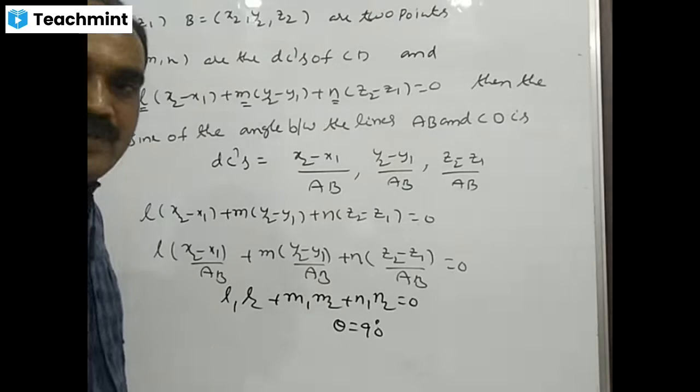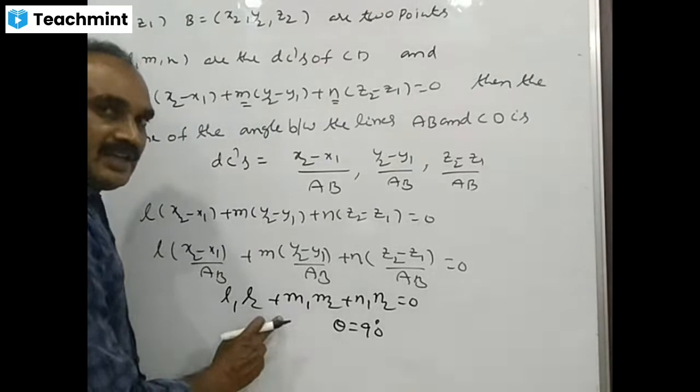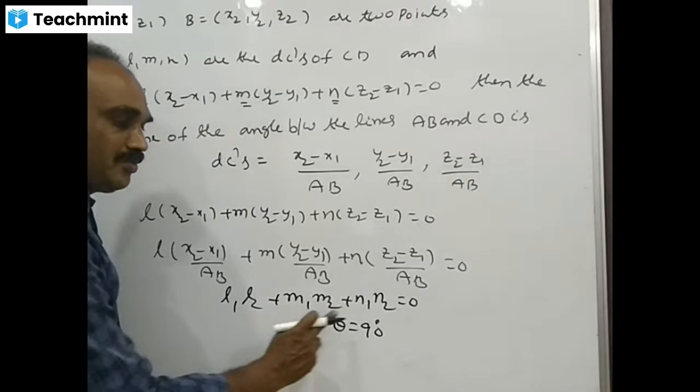The angle formula is l1 l2 plus m1 m2 plus n1 n2, which here is 0.